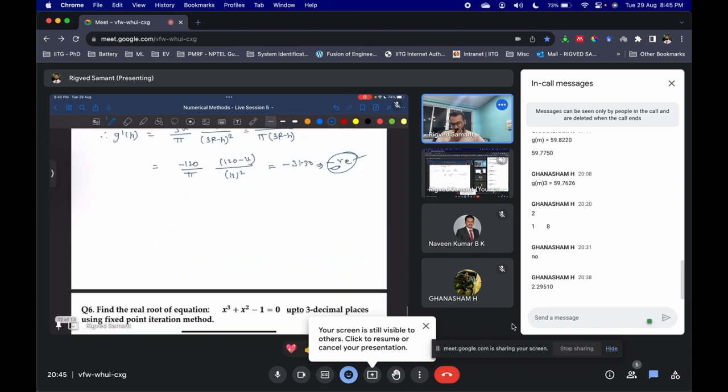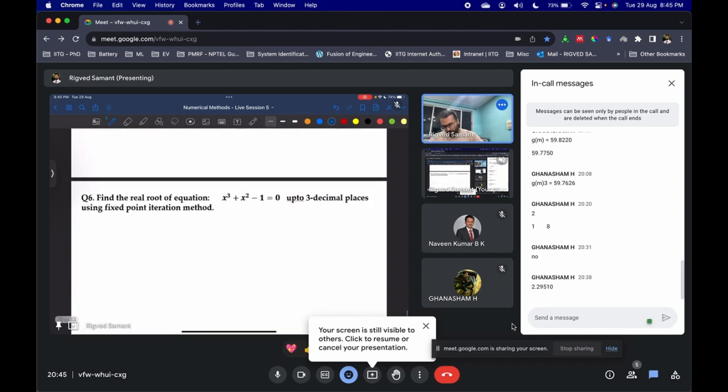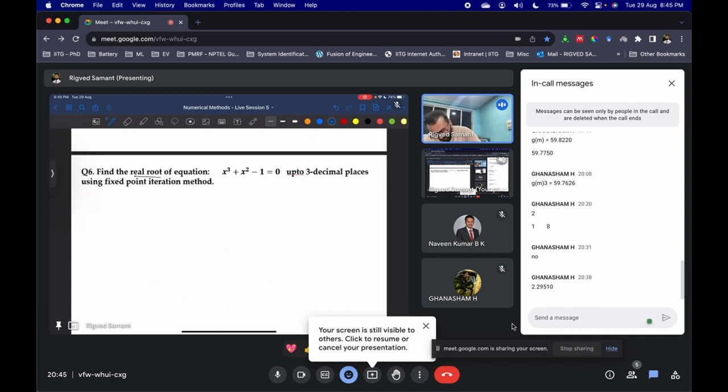Now one last point is how to solve it using the real root of the equation. Here also we use the fixed point iteration method. As I said, for fixed point iteration, first you will need an initial guess, right?